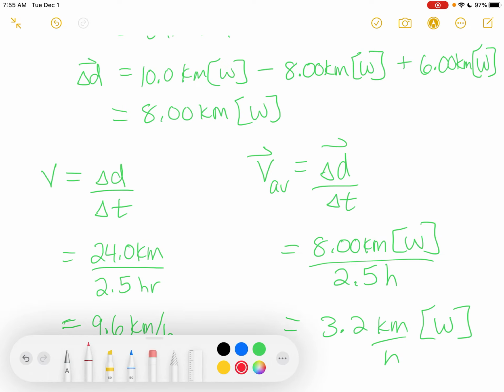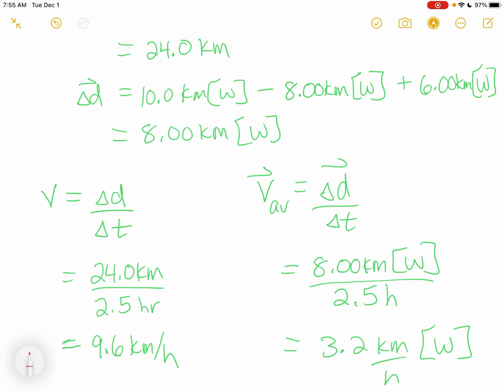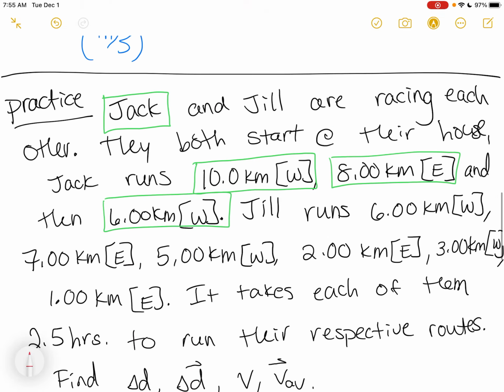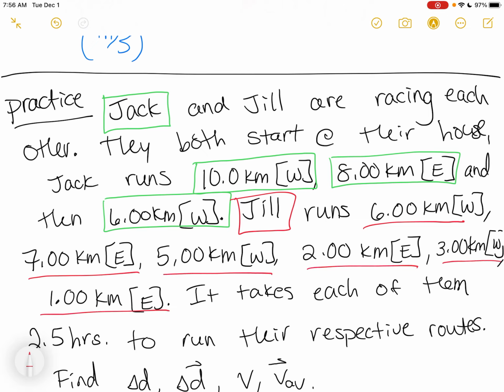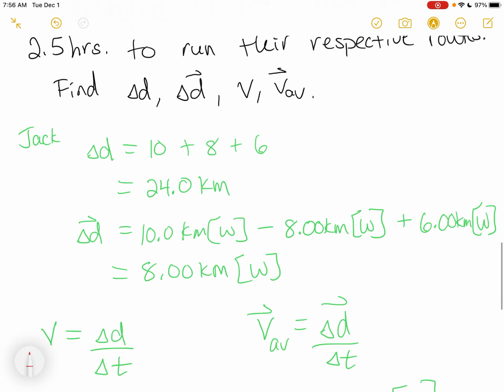All right, so then let's go back and look at our question again, and we're going to calculate Jill's distance, displacement, speed, and velocity. So for Jill, she ran 6 kilometers west, 7 kilometers east, 5 kilometers west, 2 kilometers east, 3 kilometers west, and then 1 kilometer to the east.